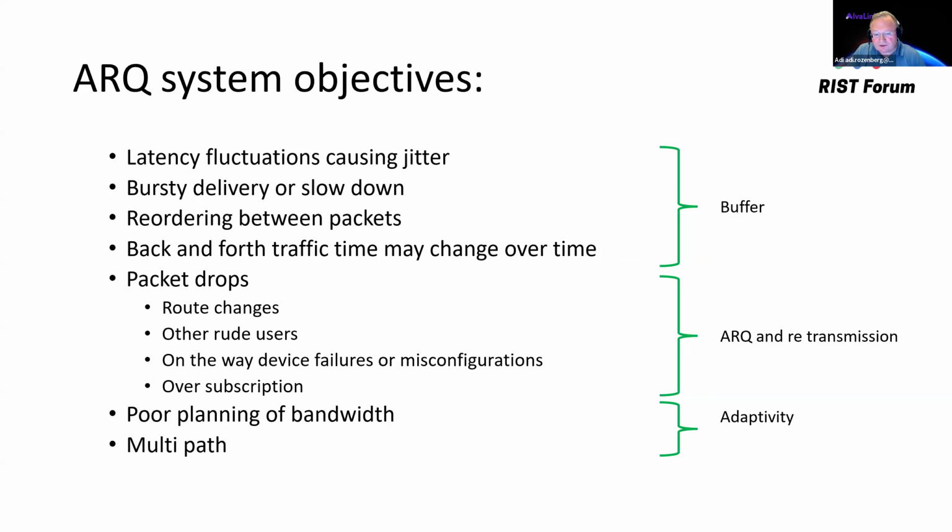That takes care of the routing changes or the rude users that basically drop packets. If there is poor planning of bandwidth, for that we need adaptivity. We need a method to overcome those problems, whether that is changing the source or using more paths in order to achieve a better delivery.